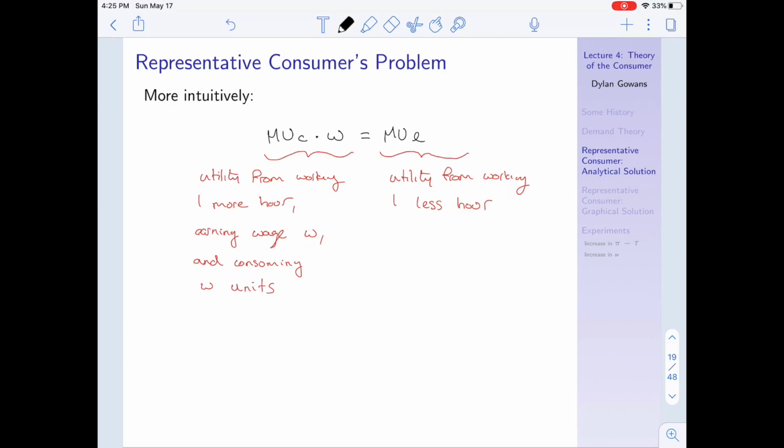So our conditions for optimality become that and our budget constraint. This is our combined budget constraint. These now define the optimal choice that the consumer can make.